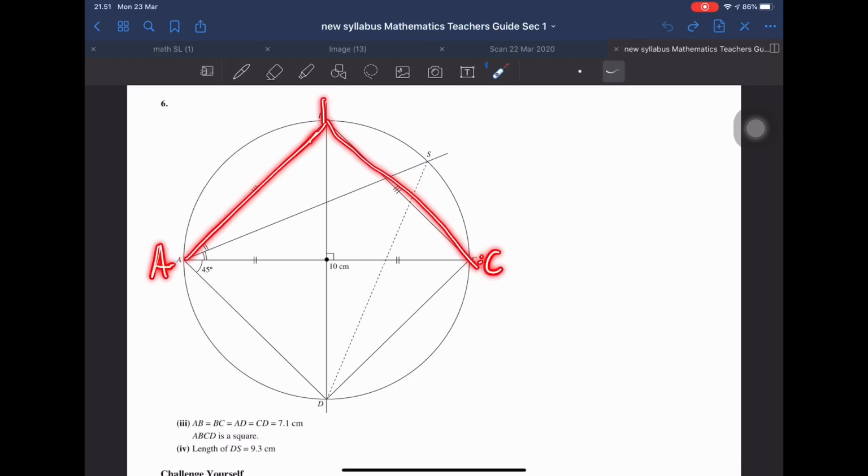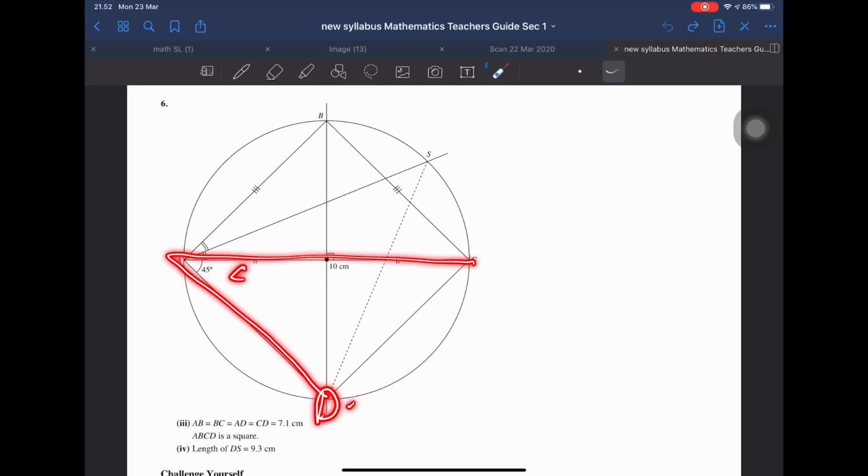it's better on top because it's A, B, C, and these are the same length. And then next is point D, on the side of AC opposite to B, and CAD is 45. This one is 45.